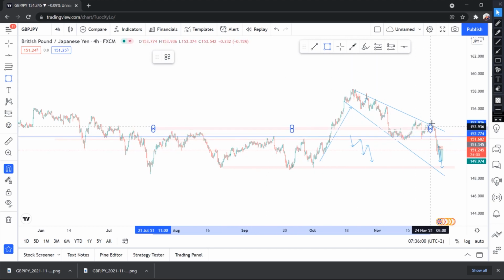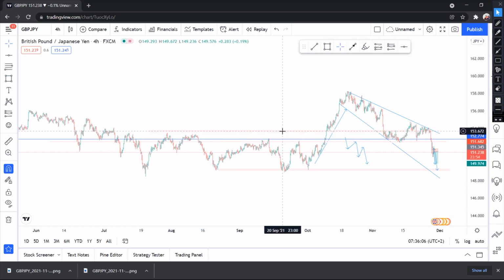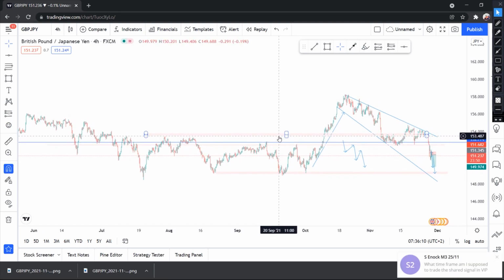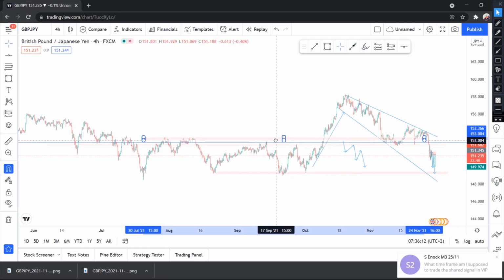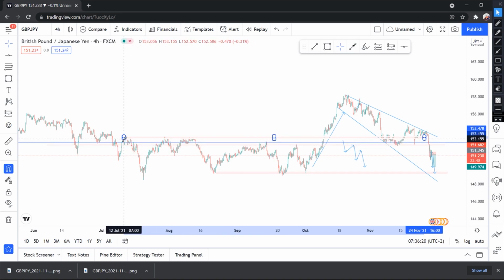So we have a level here. Remember, we take these levels when we can trace at least 3 touches, when the market touched such a level 3 times. So we can see the first touch, the second touch, and if we adjust this a little bit, we can see the third touch, and on and on.